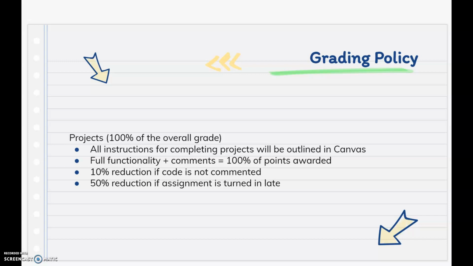It could be 100 lines, or it can be a really nice, elegant program done in 10 lines. It doesn't matter as long as all the functionality is there and they comment their code, 100% of the points. If they decide not to comment their code, there will be a 10% reduction, so the best they can get is a 90%. And then if they turn their work in late, there'll be a 50% reduction in their project grade.